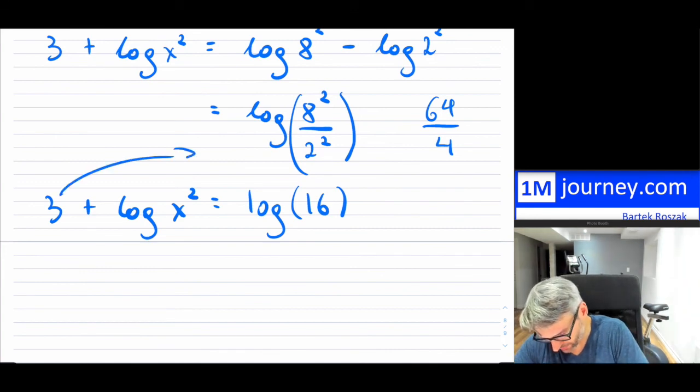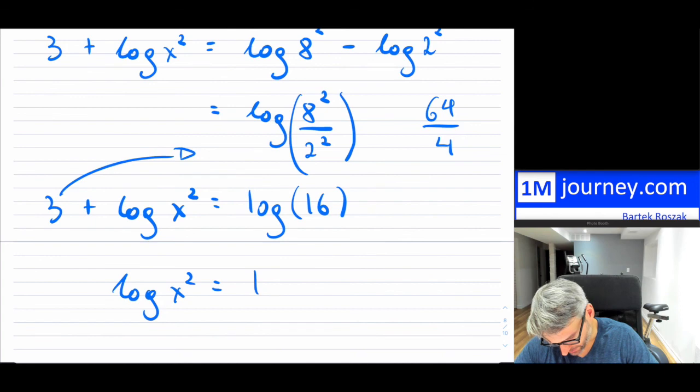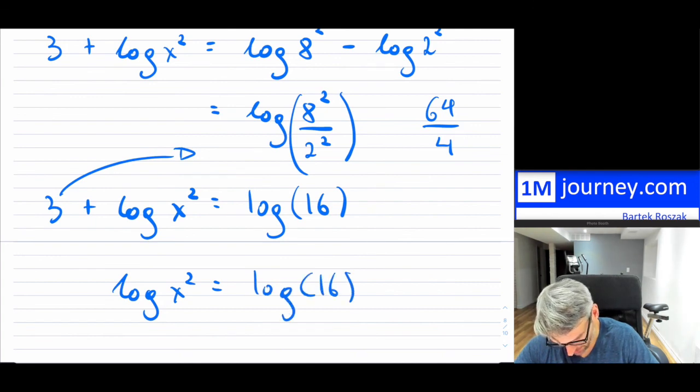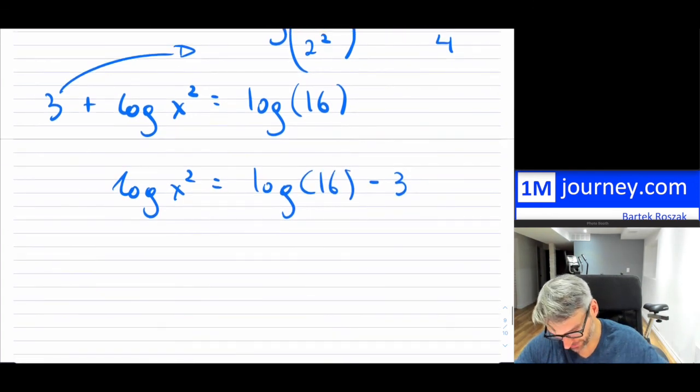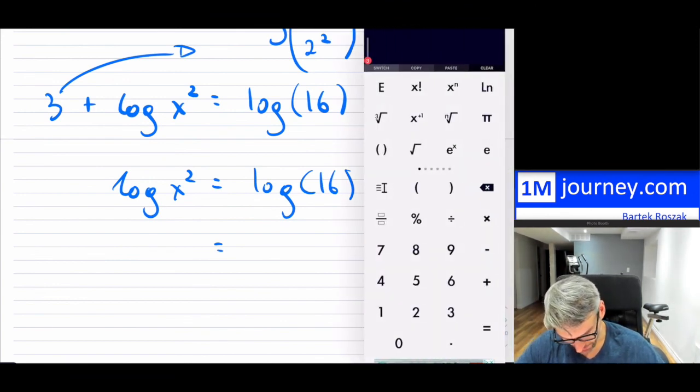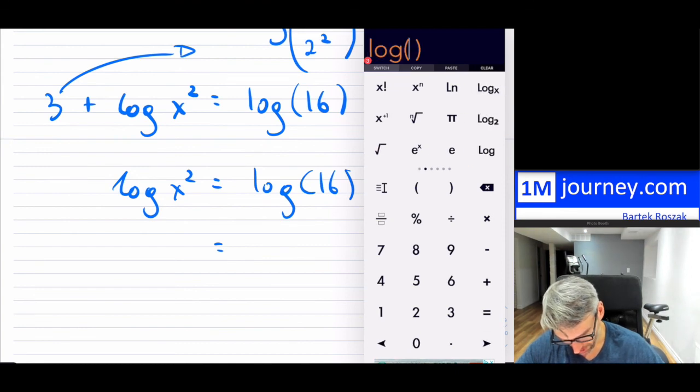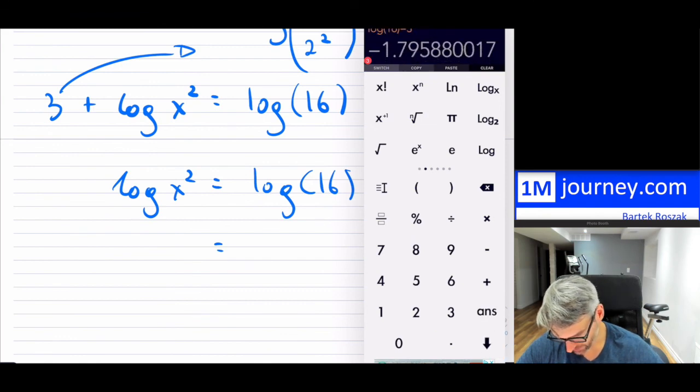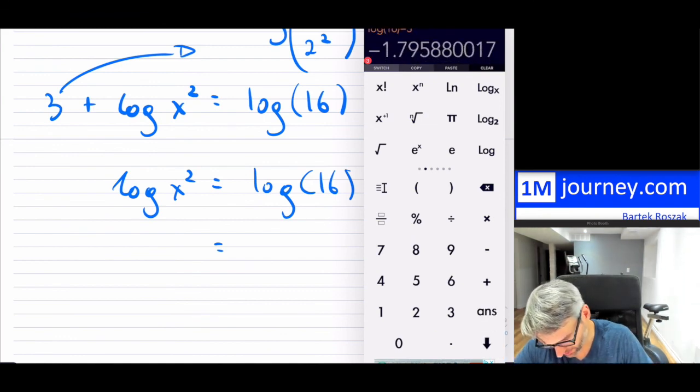Let's bring this over to the other side. So this is going to be log x squared equals log of 16 minus 3. I can evaluate whatever that is on the right-hand side.